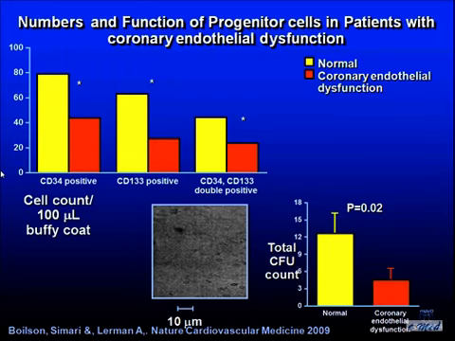What is underlying this endothelial dysfunction? As science advances, we know that the endothelium in the vascular wall is undergoing constant repair and injury. And some of this is mediated through progenitor cells. And we found that in patients with endothelial dysfunction, there is a decrease in specific progenitor cells, and also a reduction in the function of progenitor cells.